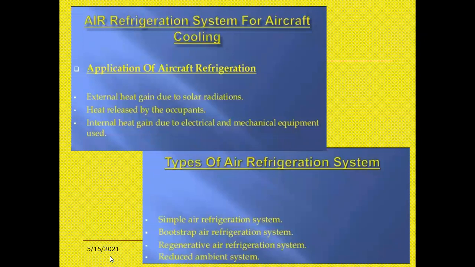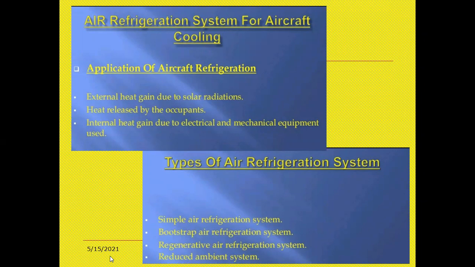Next, coming to the air refrigeration system for aircraft cooling. Generally we are using air refrigeration for all applications: roadways, railways, seaways and airways. But in your syllabus, you are having up to the aircraft cooling setup.